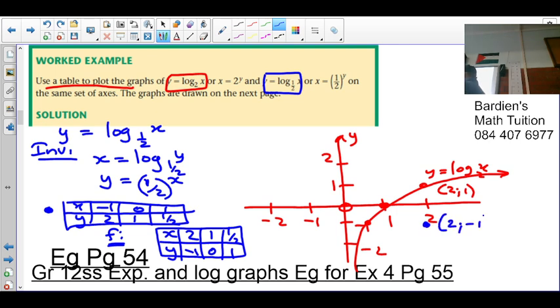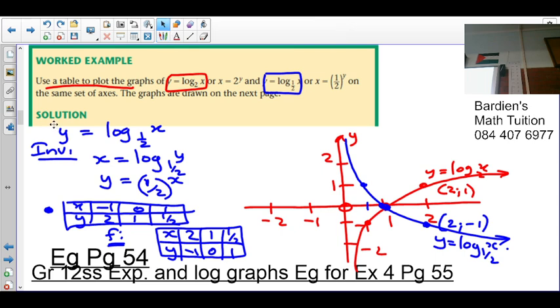Here's 2 and negative 1. If x is 1, y is 0. If x is a half, y is 1. Can you see that? So again, it's a smooth curve going through like it. And this is your graph. Y is equal to log x base half.